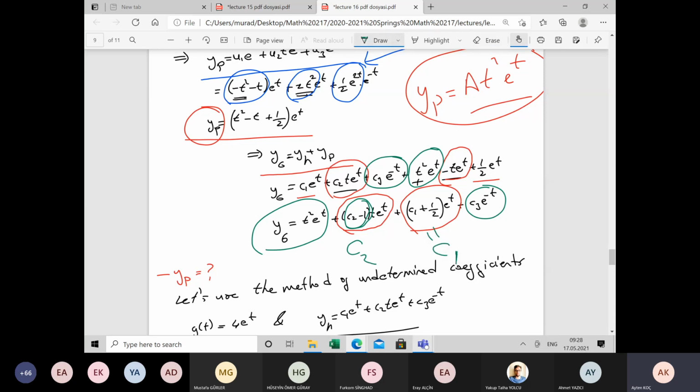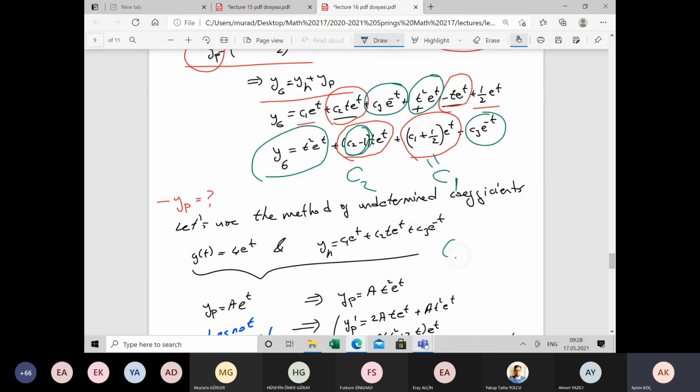So we obtain C2 t e to the t plus C1 e to the t plus C3 e to the minus t plus capital C1, capital C2, t squared e to the t. y sub p is this one.